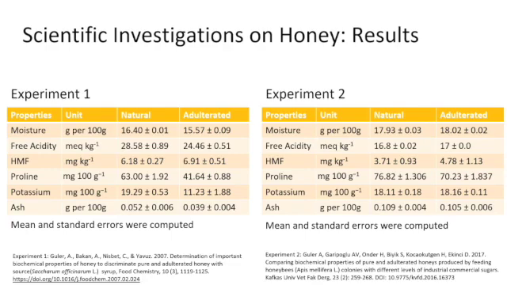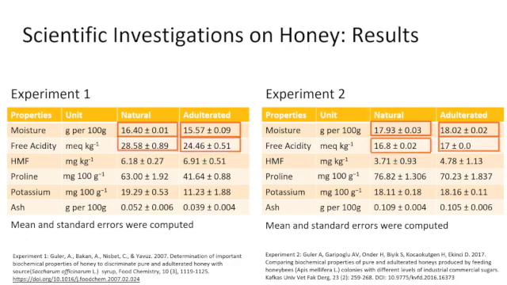As you can see, the results show differences between the 2 experiments. The natural group actually has a higher moisture in experiment 1 and fruit acidity than the adulterated groups in experiment 1, but the results were reversed in experiment 2.